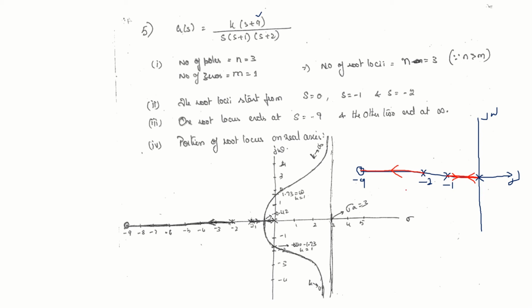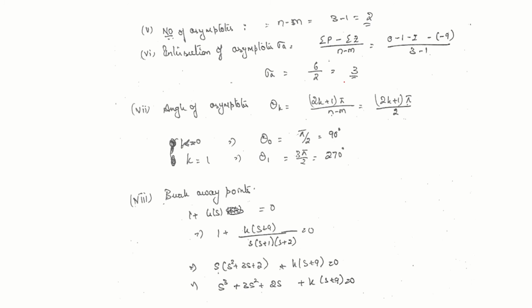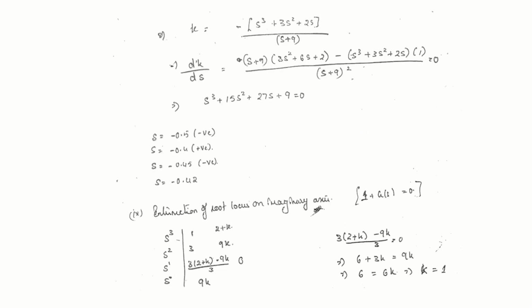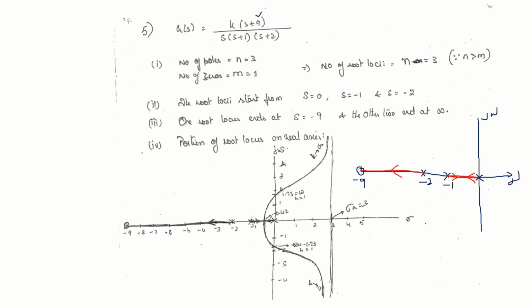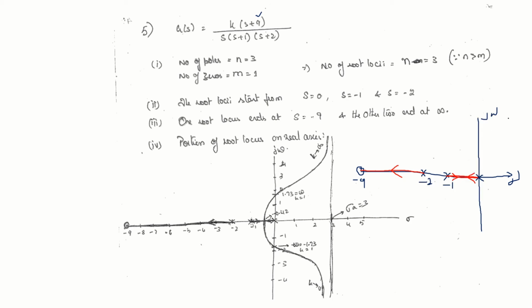Find the intersection of asymptotes. The intersection of asymptotes happens to be sum of poles minus sum of zeros, divided by the number of asymptotes. You are getting +3. Again 1, 2, 3. Let us say somewhere here you get.